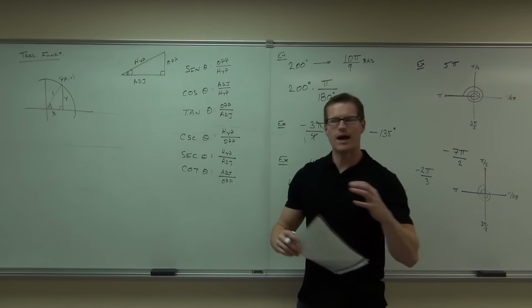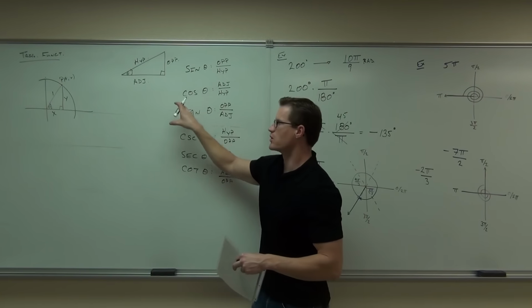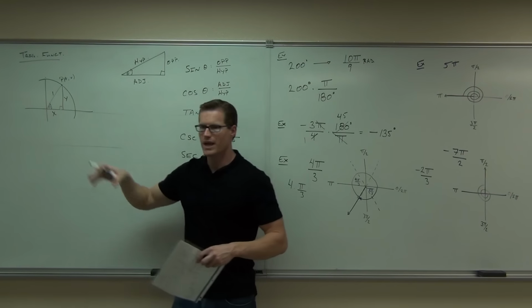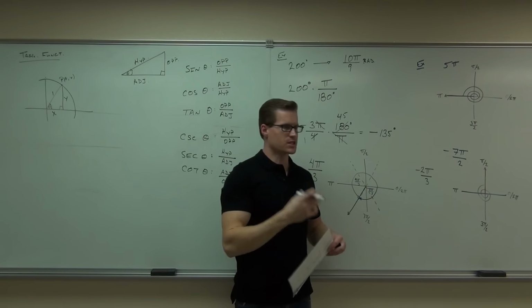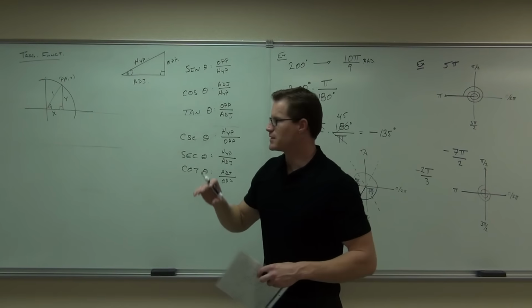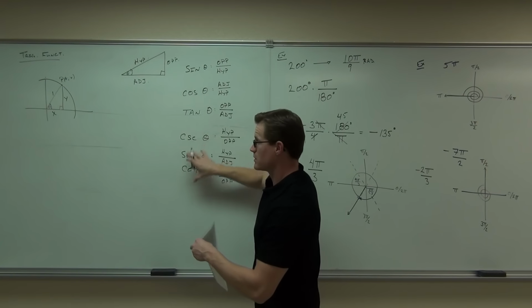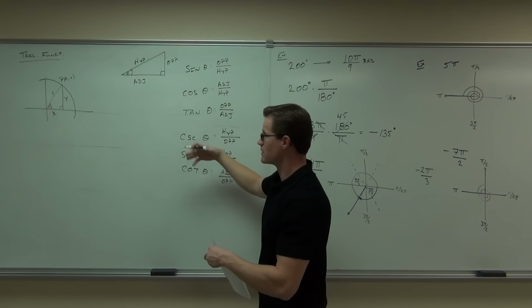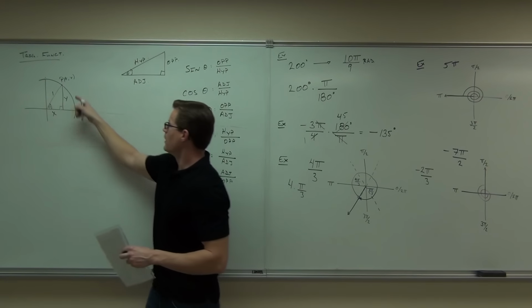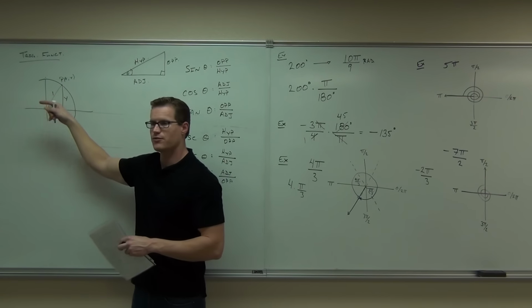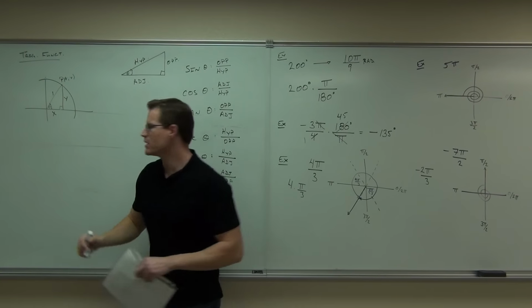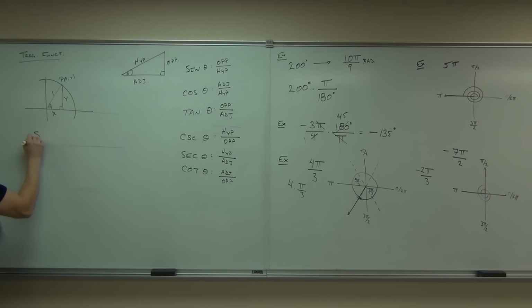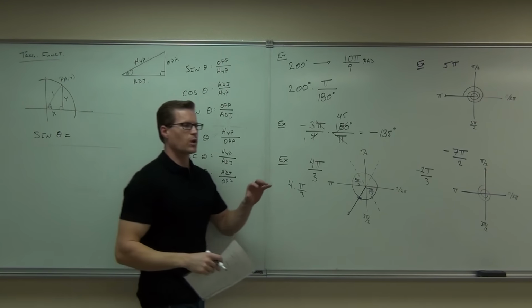Well, if we apply this idea of a basic right triangle to the unit circle, we actually get ways to compute the sine, the cosine, and the tangent, and all these reciprocals, cosecant, secant, cotangent, of any point that we have, provided we can find the x and the y coordinate. You see, when we apply this, if we look at the sine of this particular angle, tell me what sine is.